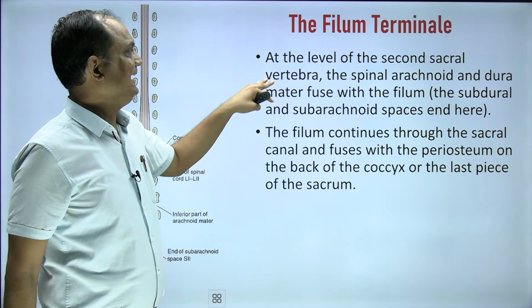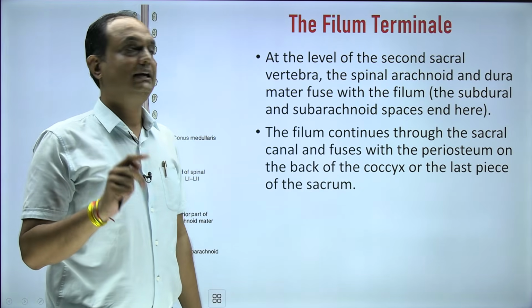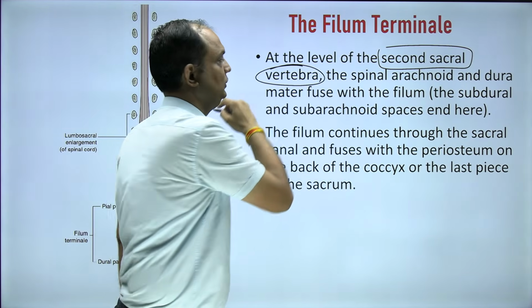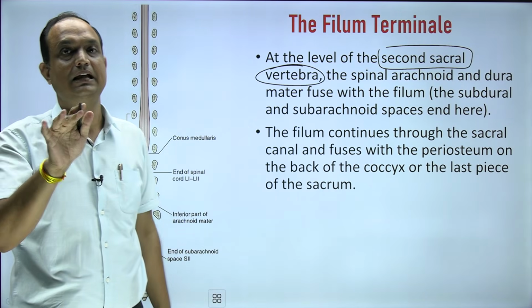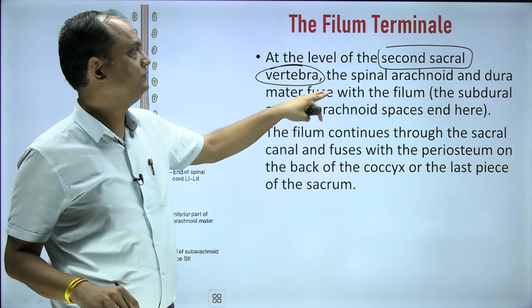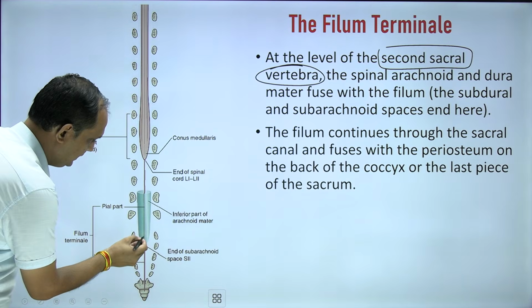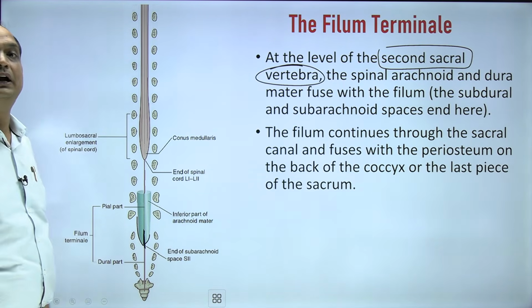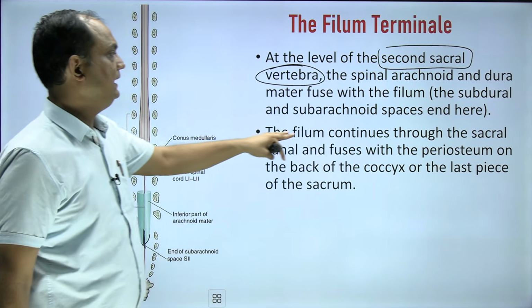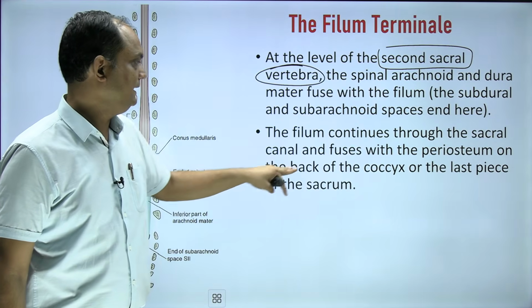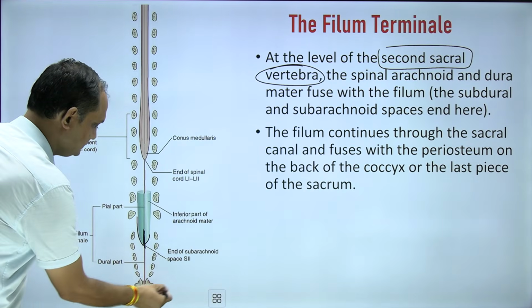At the level of the second sacral vertebra, which is the terminal point for the dural sac and the arachnoid mater inside it, the spinal arachnoid and dura fuse with the filum terminale. So here you can see the filum terminale where the dura and arachnoid fuse. This filum continues throughout the sacral canal and fuses with the periosteum on the back of the coccyx.